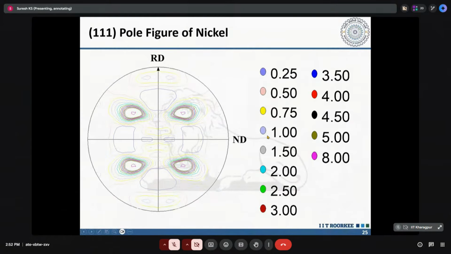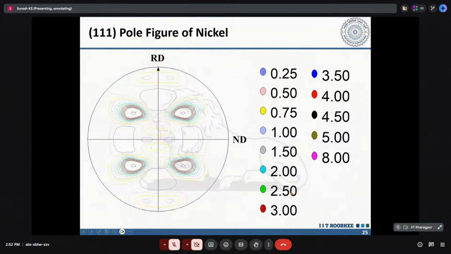The colors, starting from 1 to higher values, have more meaningful values. If the iso intensity contour value denotes 1, then it implies that the probability of finding these orientations is equivalent to the probability of finding a random orientation.